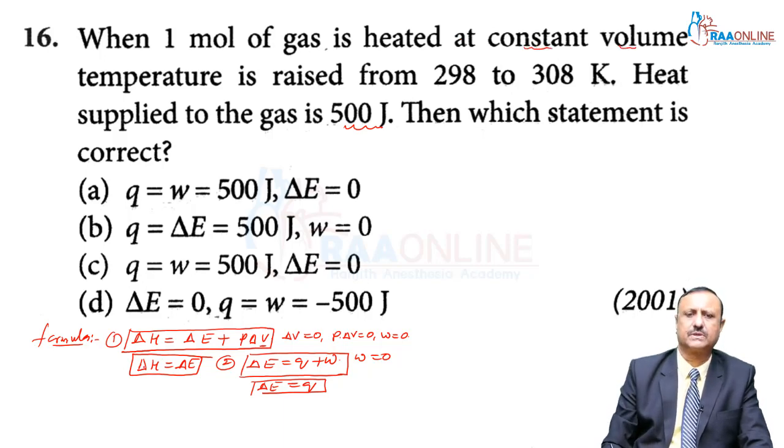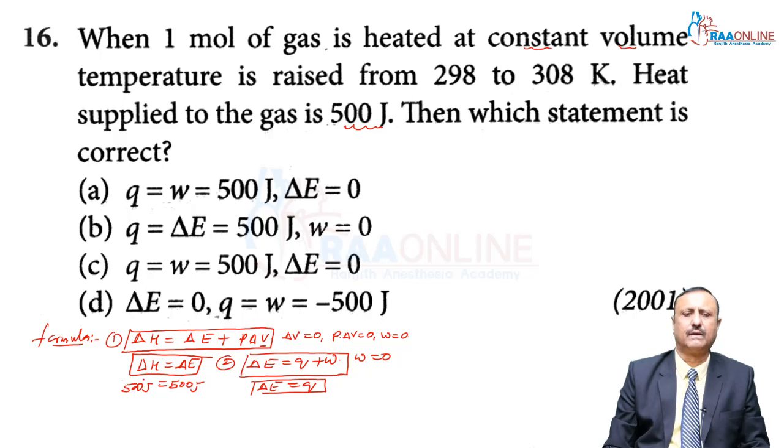Constant volume means delta E is equal to 500 Joule, and it is a heat supplied to the system. So in the system heat increases, so plus heat is present, and delta H is also 500 Joule, both are equal.